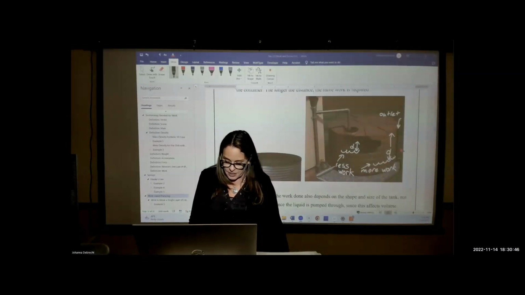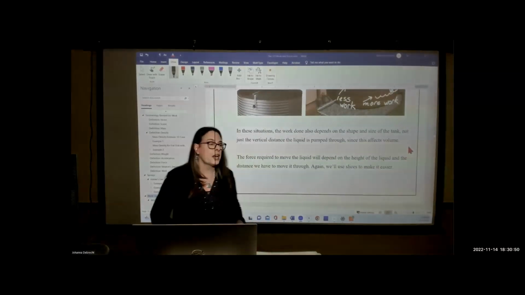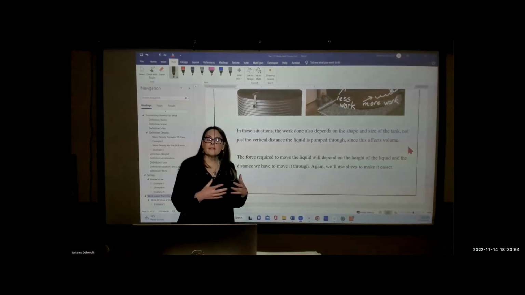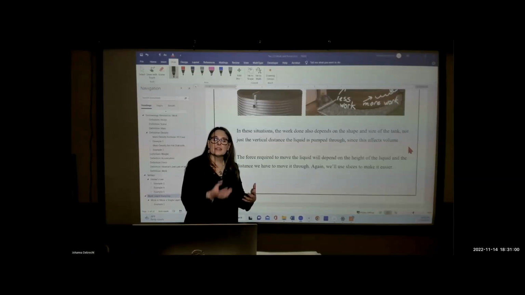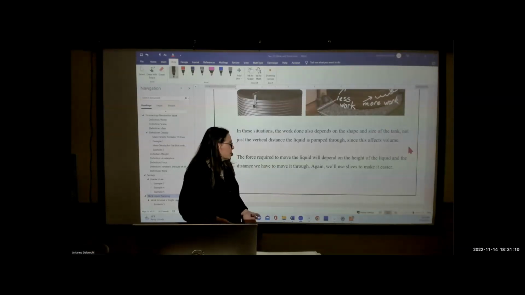So these situations also depend upon the size and shape of the tank, because that affects the volume. And the volume, of course, when multiplied by the density, gives us the mass. And the mass is acted on by gravity, which of course gives us the force. And then we apply the force through the distance that it is moved, and that gives us the work.